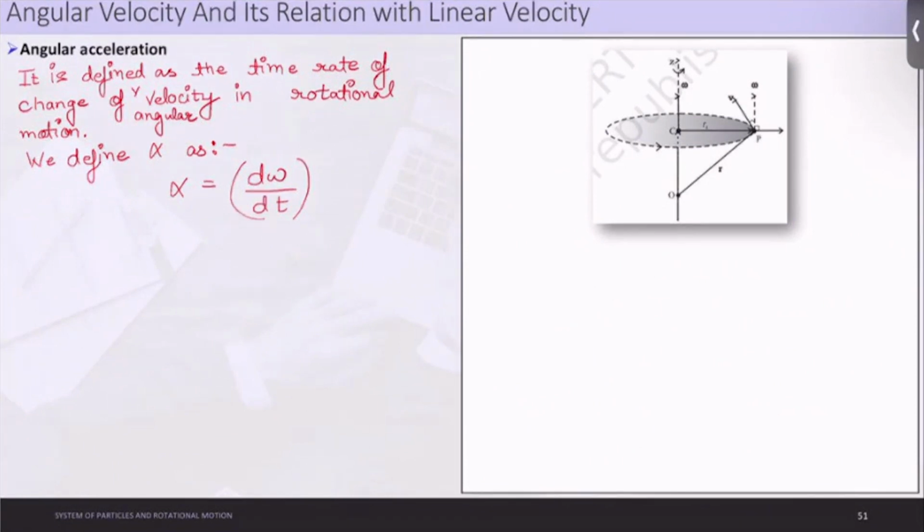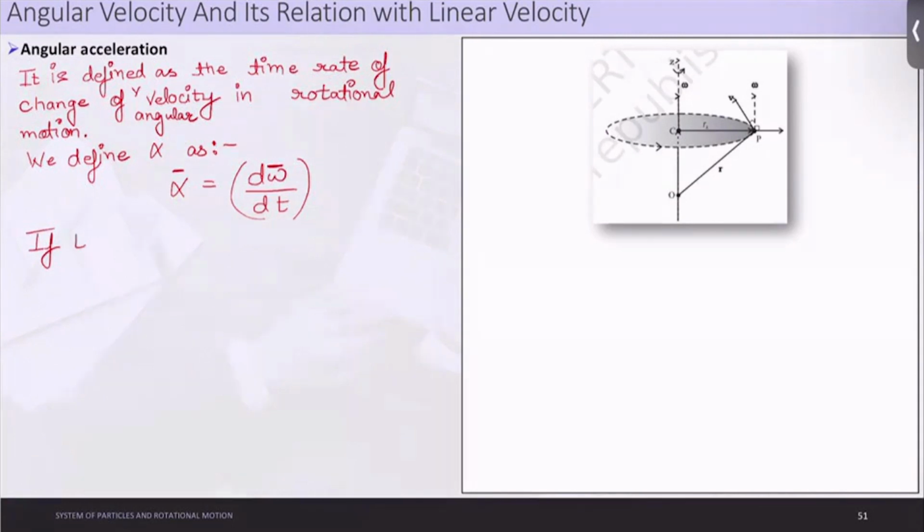Here this omega is a vector, and this alpha is also a vector. Now just look at whatever I am writing.